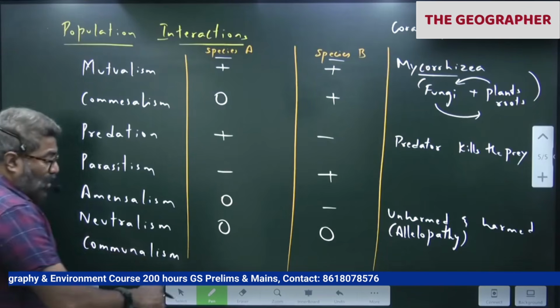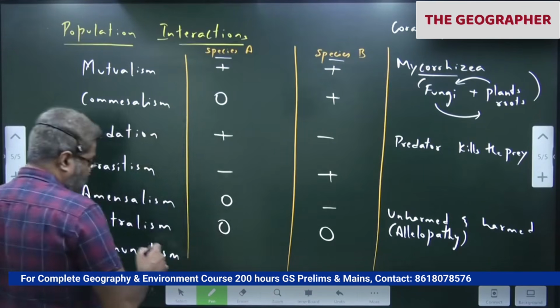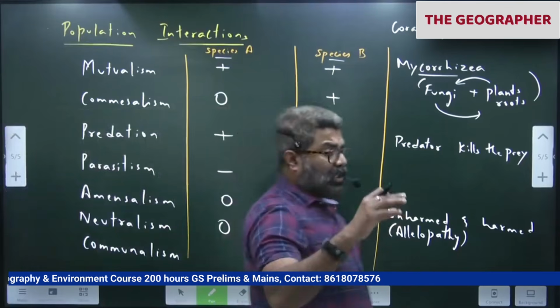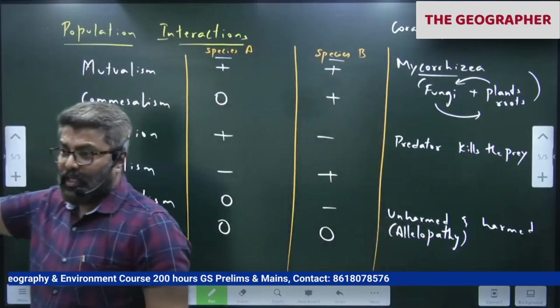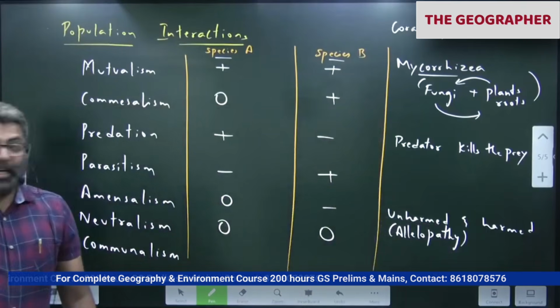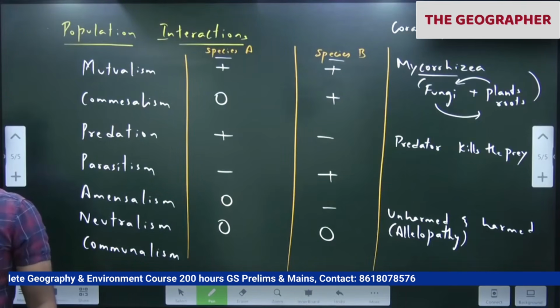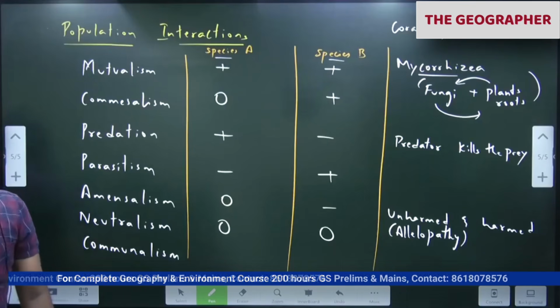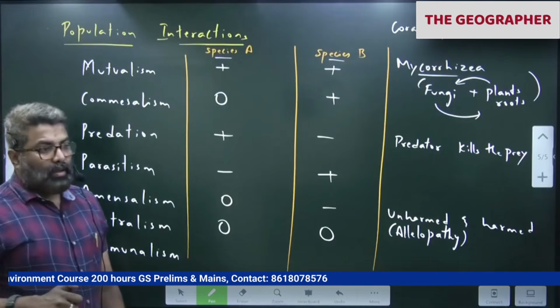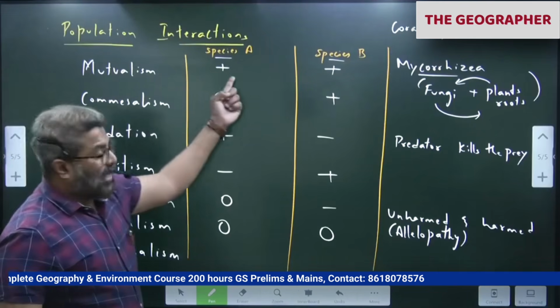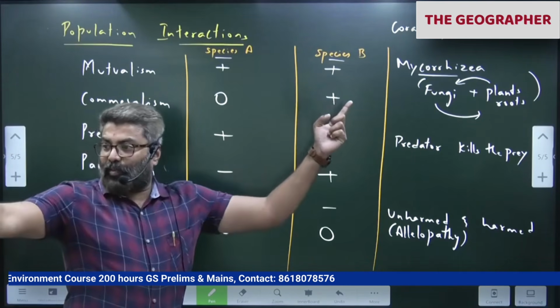Okay, in which, let's say, have you seen cattle? A lot of buffaloes and cattle you would have seen. On top of them, there will be some egrets, cattle egrets, birds. Have you noticed? So many birds sit on the cattle. Why do they do that? That is a case of mutualism, correct? Birds sitting on top of the cattle.